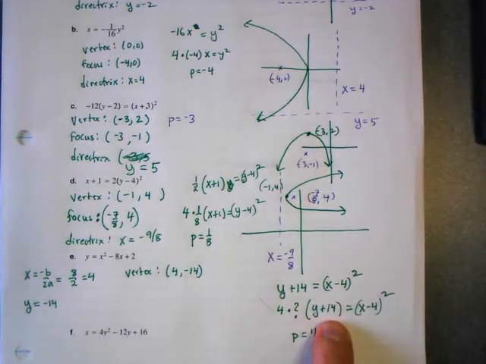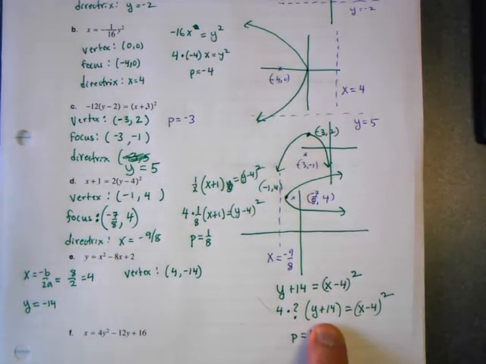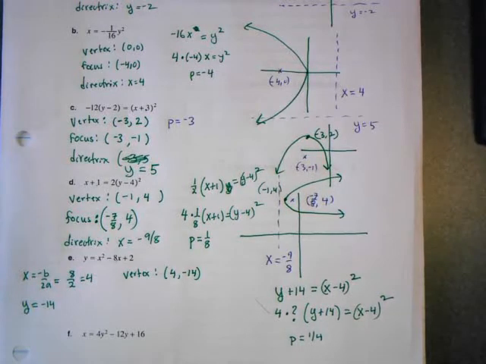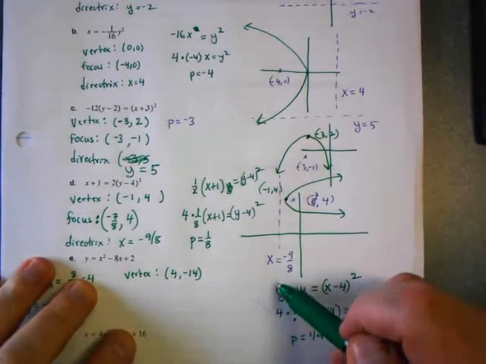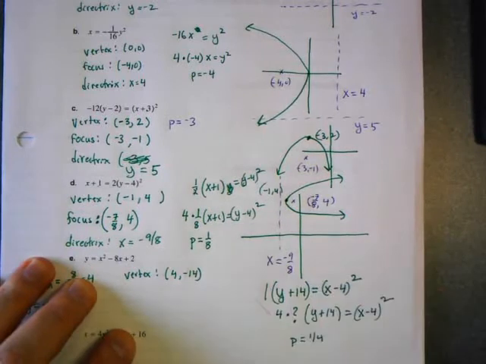The 14 has absolutely nothing to do with finding the p number. The 14 only has to do with finding the vertex. The p number is completely separate from finding the vertex. 4 times 1/4 is 1. The p number comes from the number that's out front here, and the number that's out front here is a 1.